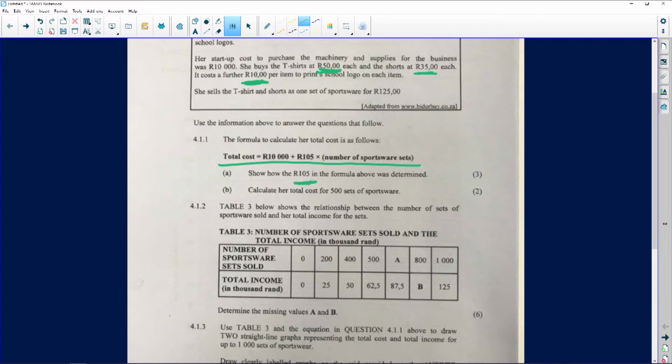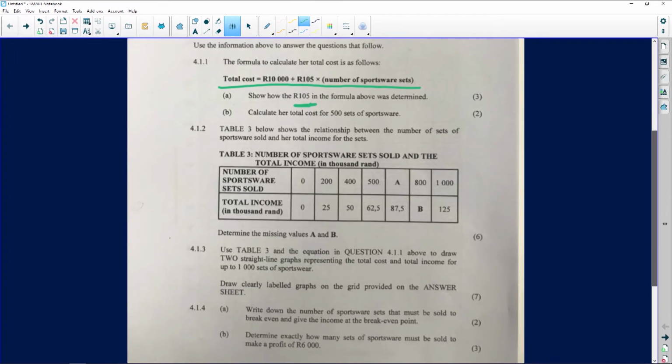The next question says to us, calculate her total cost for 500 sets of sportswear. So we want to know how much it's going to cost her if she is going to be selling 500 sportswear sets.